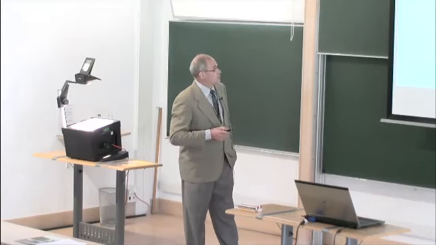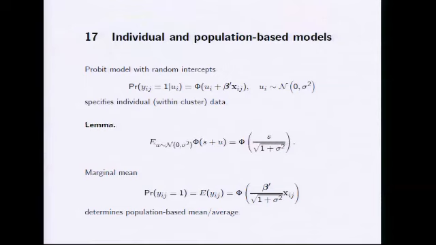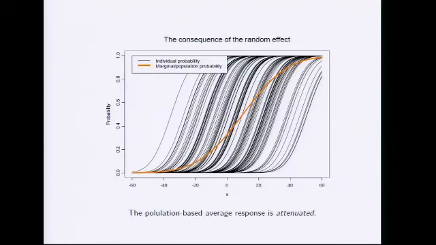To demonstrate this, if you have a probit model with a normal random effect, you can find the marginal model simply using this nice relationship for the expected value of the CDF, and you see that the marginal model is attenuated. This is the demonstration of attenuation, and of the differences between individual probabilities and marginal probabilities.